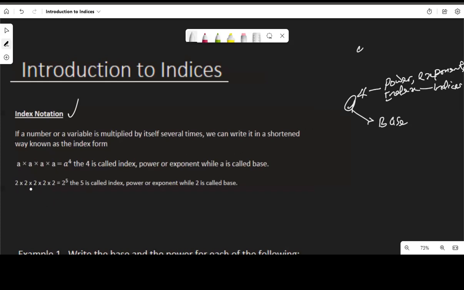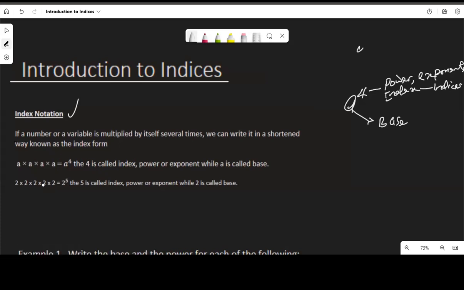Again, 2 times 2 times 2 times 2 times 2, which is 2 to the power of 5. Here, 5 is the power or the index or the exponent, while 2 is the base. While this product on the left-hand side is called the expanded form, this 2 to the power of 5 is called the index form or the index notation.